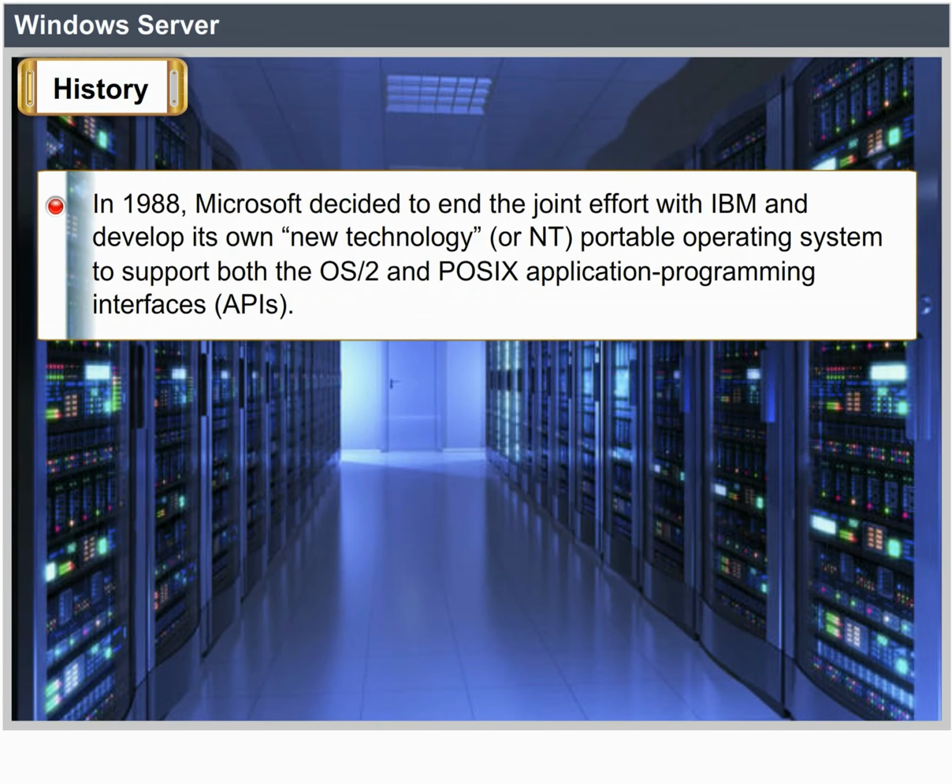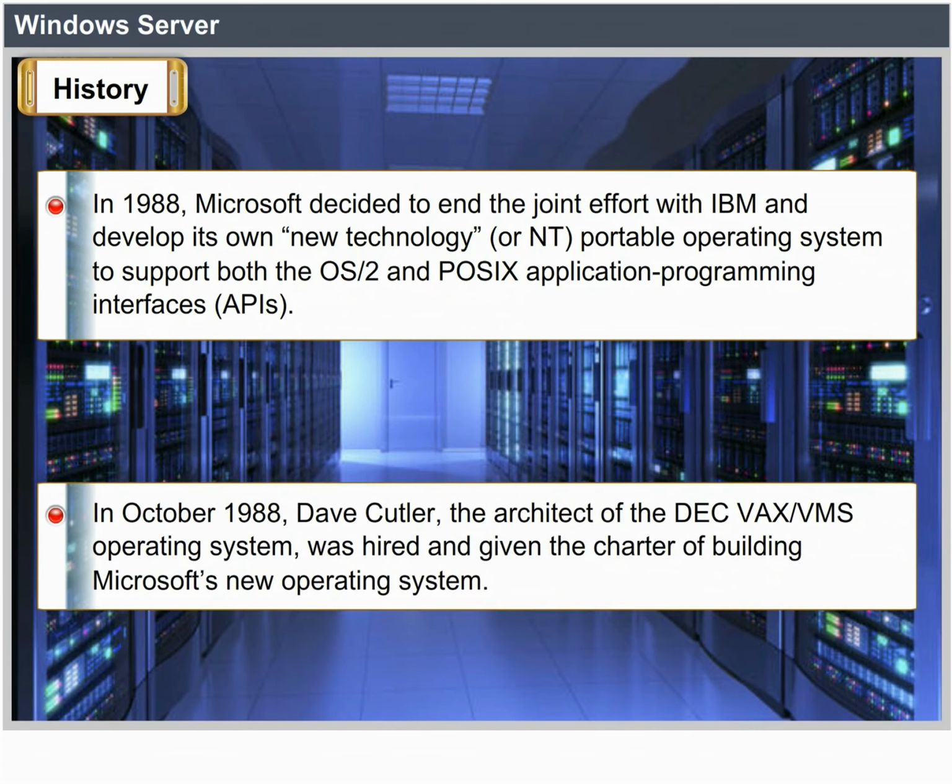In 1988, Microsoft decided to end the joint effort with IBM and develop its own New Technology, or NT, portable operating system to support both the OS/2 and POSIX application programming interfaces (APIs). In October 1988, Dave Cutler, the architect of the DEC VAX VMS operating system, was hired and given the charter of building Microsoft's new operating system.